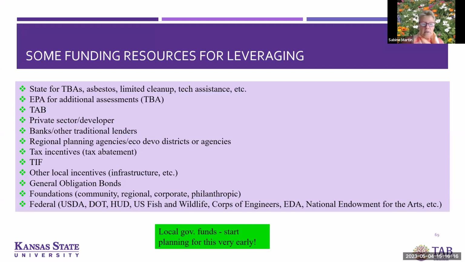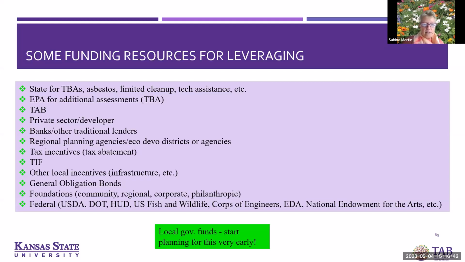Private sector developers can tell you how much they spend on what, and that can be used as sort of collateral. Banks, traditional lenders, regional planning agencies, economic development districts or agencies, all of these can contribute something to a project, very likely that you can use in your additional resources page.